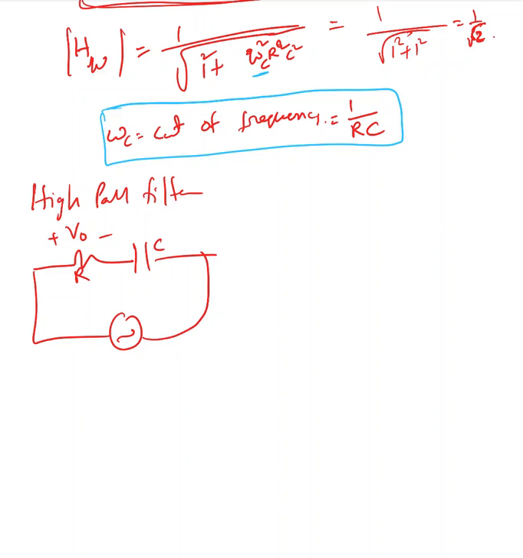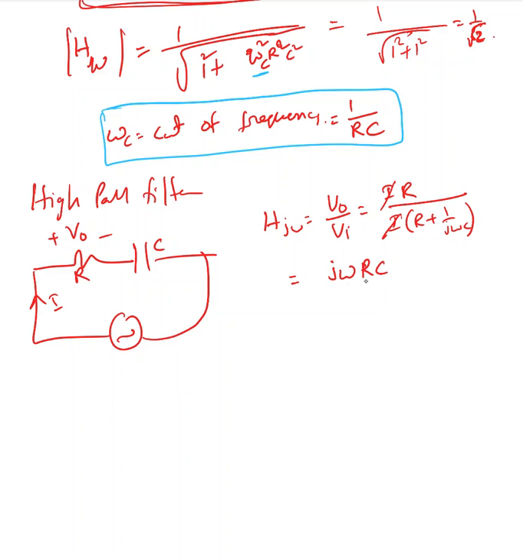So our transfer function H(j omega) equals V naught over V input, which is I times R, assuming current I is passing through, divided by I times R plus 1 over j omega C. So I gets cancelled out, and I end up with H(j omega) equals j omega RC divided by 1 plus j omega RC. That's H(j omega).